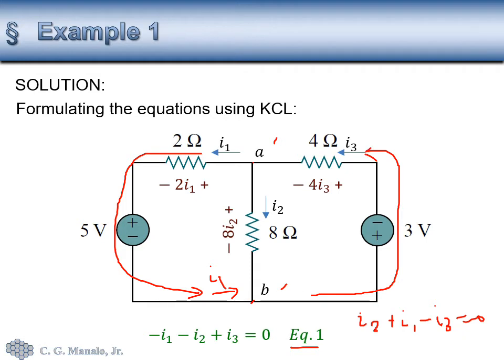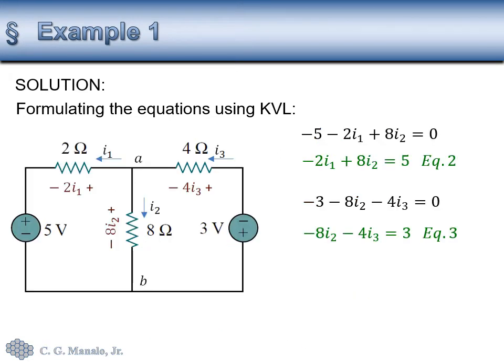And you will notice that this equation is also this one, and therefore this equation is redundant. So we don't need this equation anymore. And what this says is that we already exhausted KCL, and we need to proceed to KVL to derive more equations.